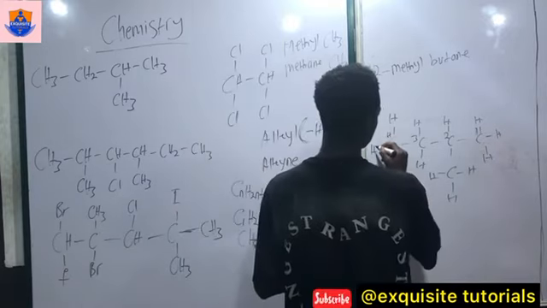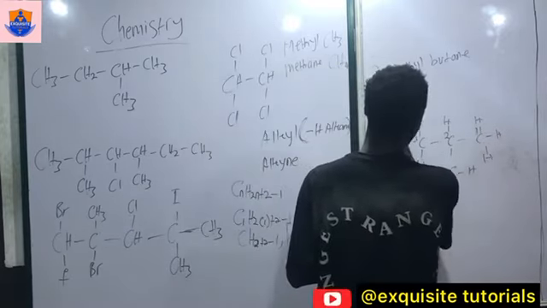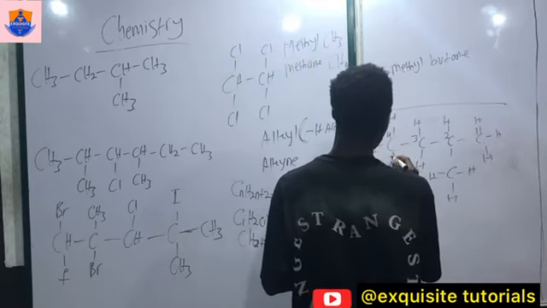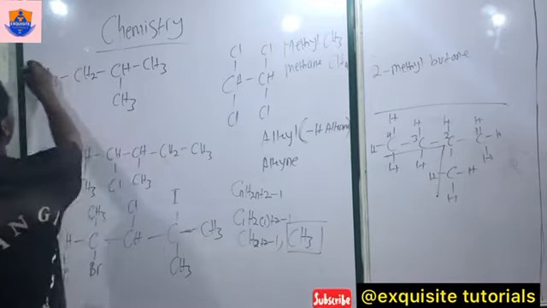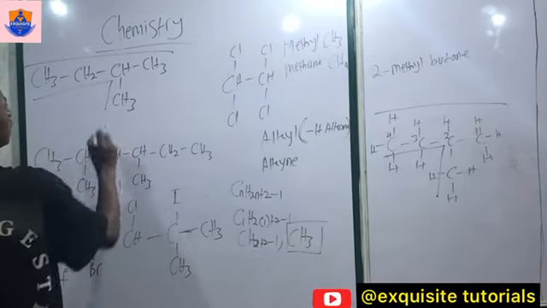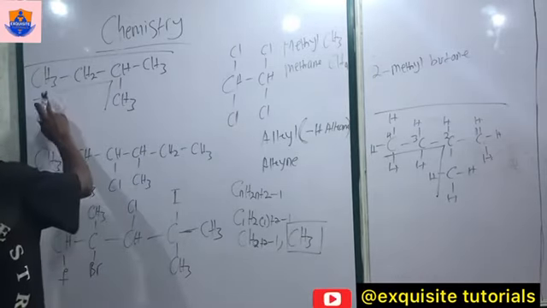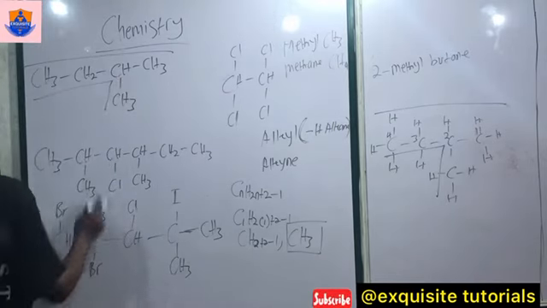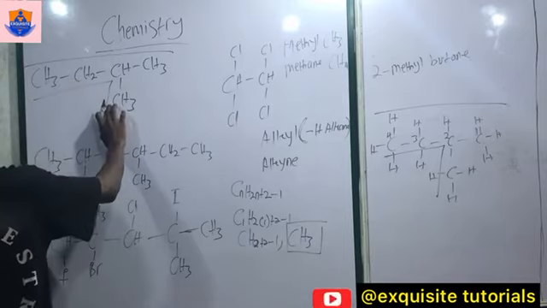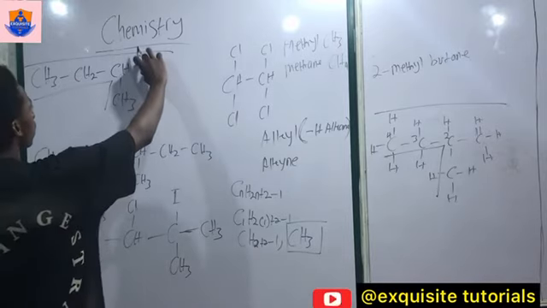Now I just said naming it like this, or like this, is the same thing, because we have 4 carbons. 1, 2, 3, 4. So naming it like this, we have 1, 2, 3, 4, and then this one is the branch here.